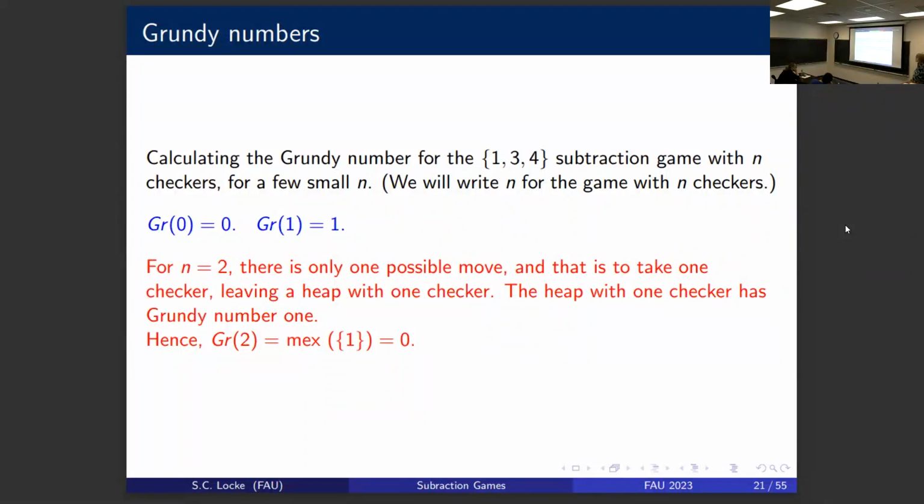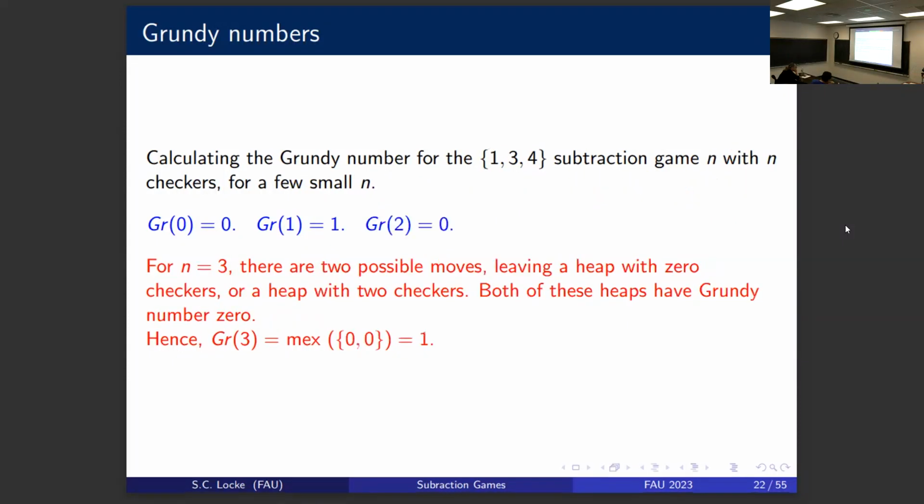Okay. And the Grundy number for 2, well, there's only one possible move. That's to take 1, it leaves a heap with 1 checker. We just saw that has Grundy number 1. So I'm going to have the mex of the set with a 1 in it. And 0 is not in that set, so the Grundy number is 0. This is easy enough, but it's just a lot of little calculations.